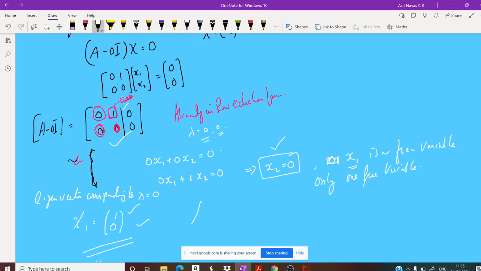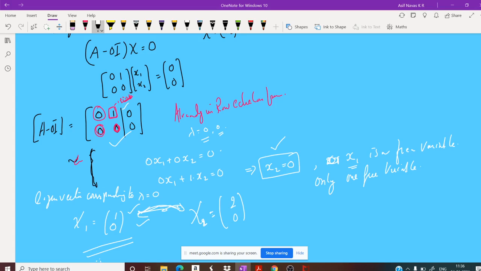You can choose any eigenvector, like instead of 1 you can put 2, 2, 0, but these are not linearly independent, because this is a multiple of this.